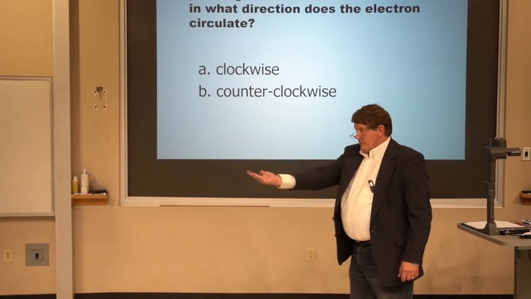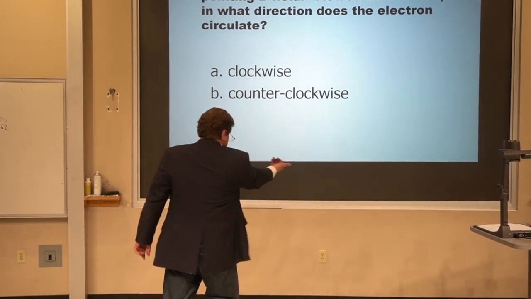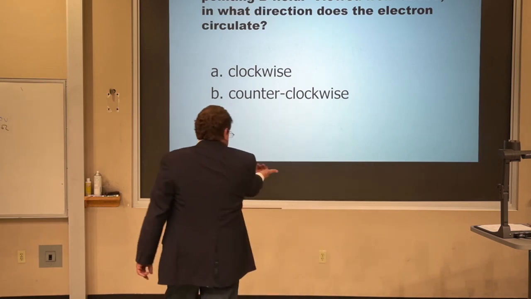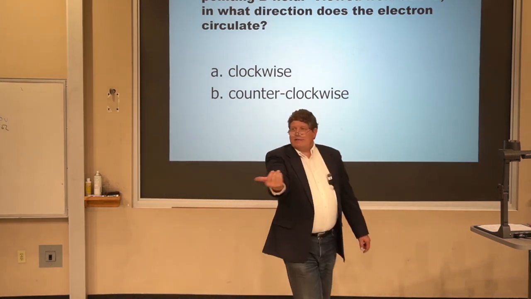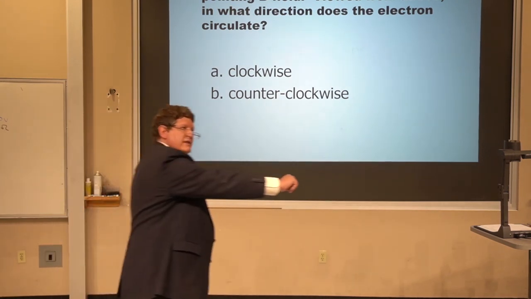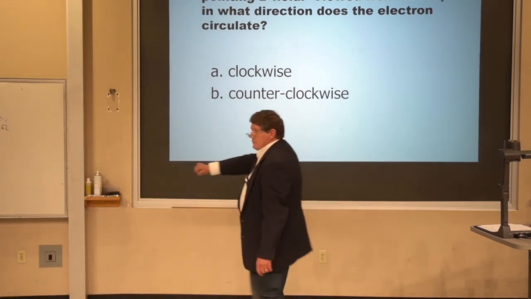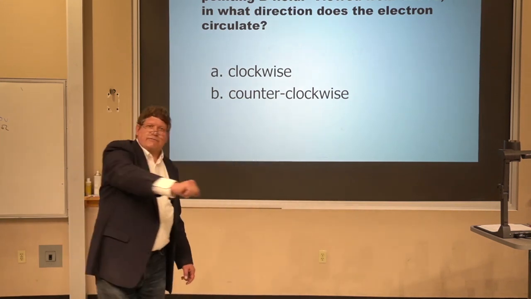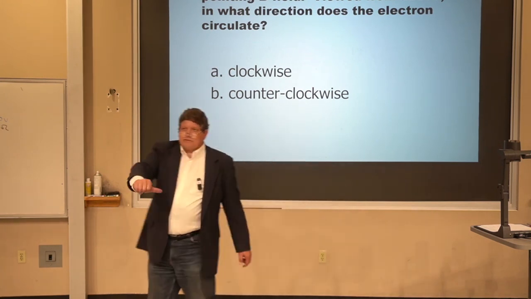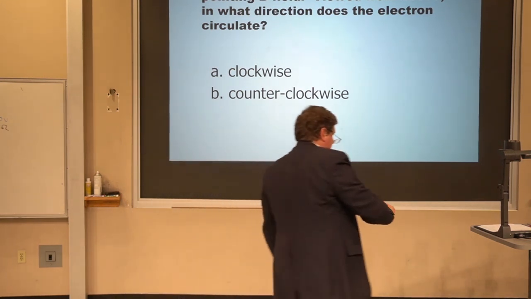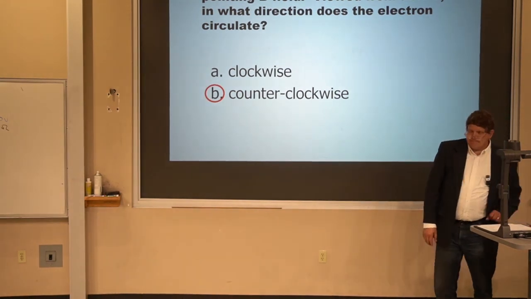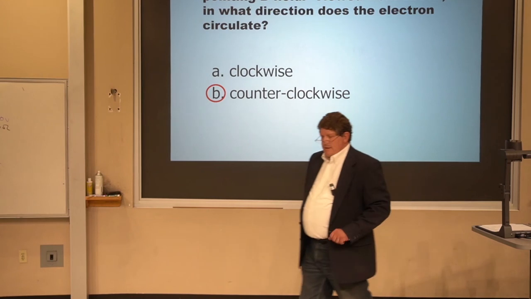So if I were a positive charge, I would be moving this way. But I'm not a positive charge. I'm an electron. And that means the force is going to be in the opposite direction, and I'm going to be going this way. Now, if I'm looking down on my motion right now from above, if I were a seagull looking for a target, I would see that I was going around in the counterclockwise direction. And so the answer is counterclockwise.